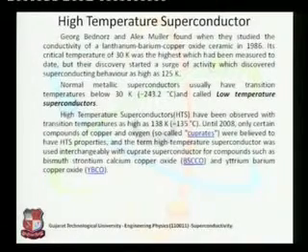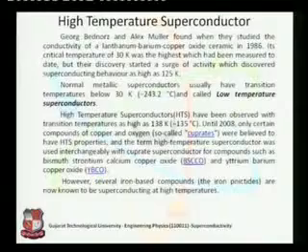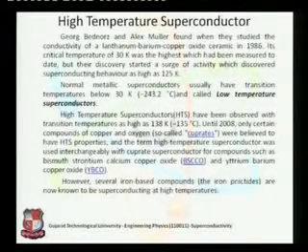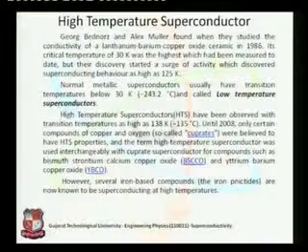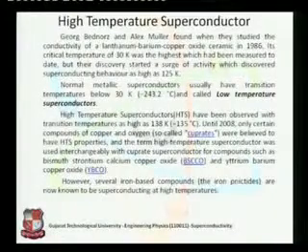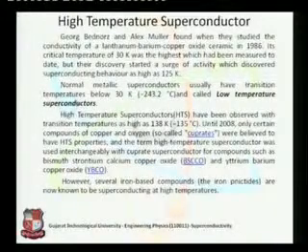After that several families, several materials were identified to exhibit a superconducting state, and the examples given are cuprates, copper oxides and other materials that mix together, and compounds were formed that also exhibit high Tc, high temperature superconducting property.